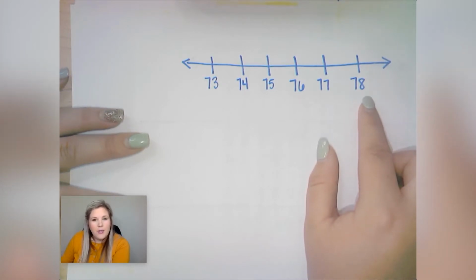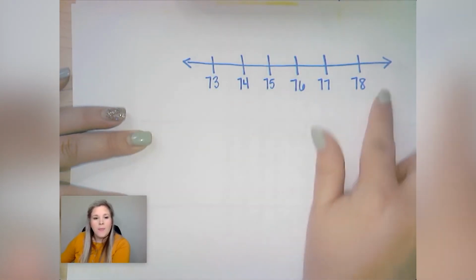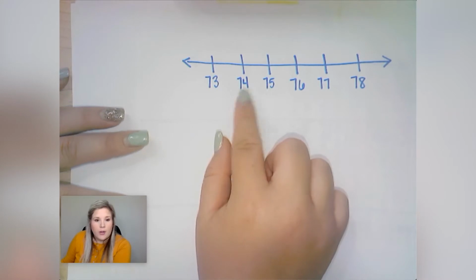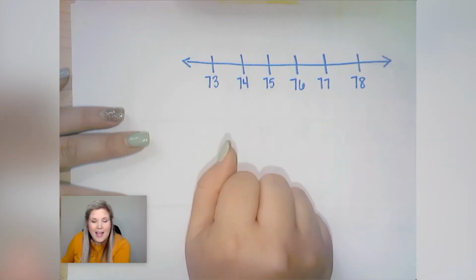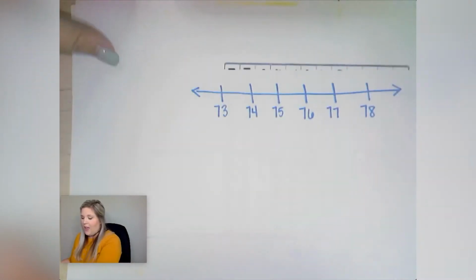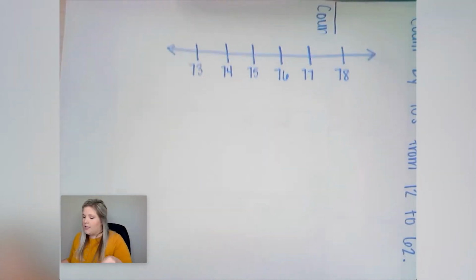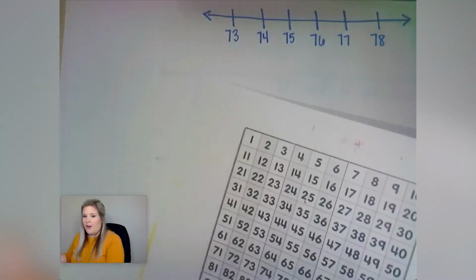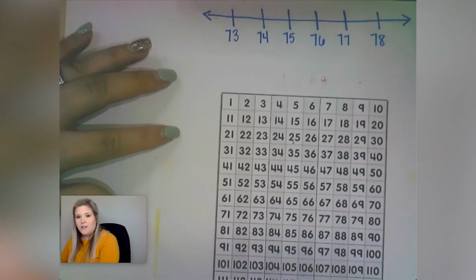How is using a number line similar to using that 120 chart that we used in our last lessons?